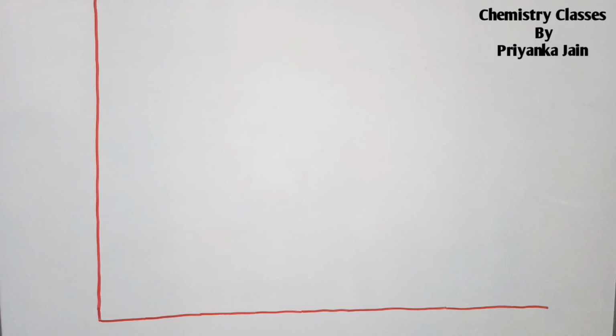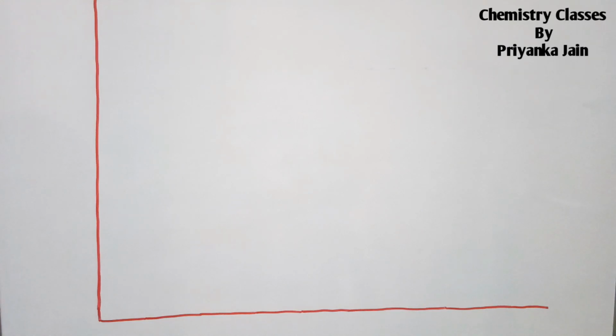But inside the box also, there are some points where the value of psi is equal to 0. It means psi is not always positive at all the points inside the box. Sometimes it is also equal to 0, and these points are called the nodes, and the number of nodes will be equal to n minus 1. It means if n's value is 2, then the number of nodes will be equal to 1, right?